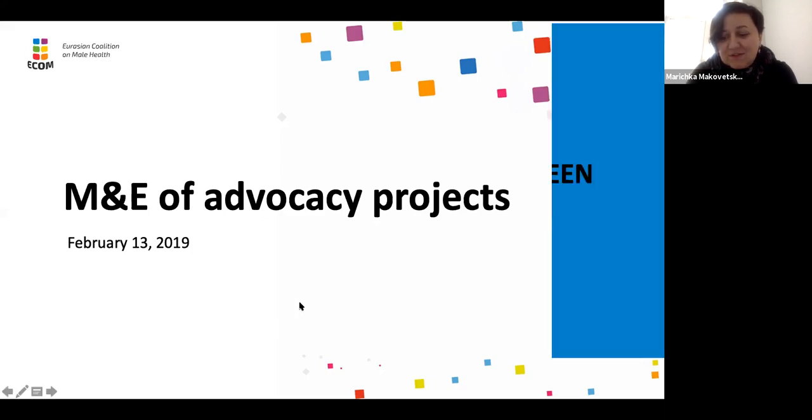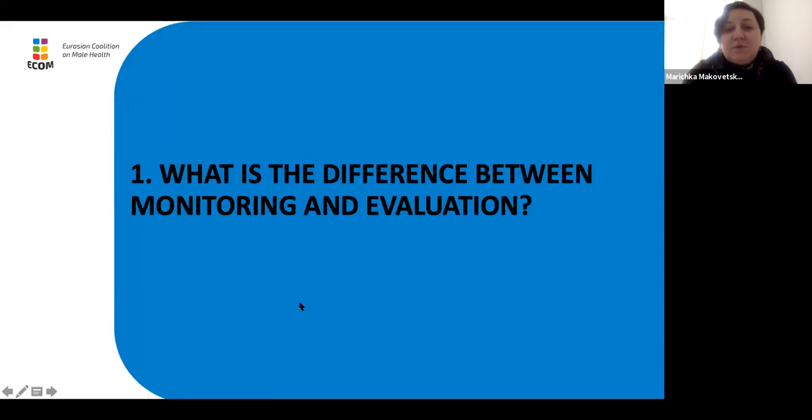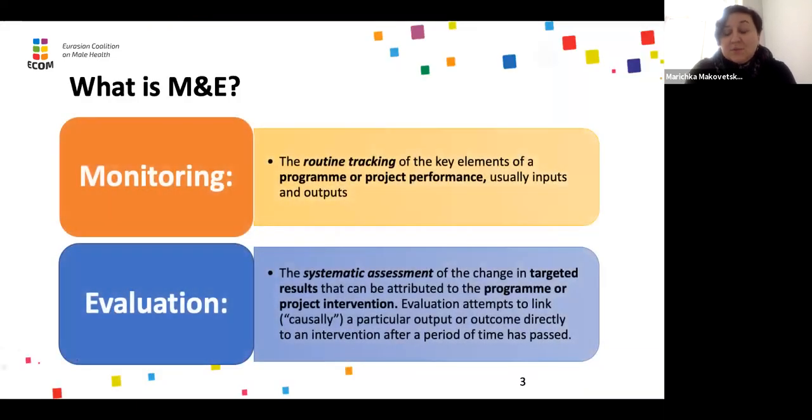So let's talk about the difference between monitoring and evaluation, what this is, and what we should use in our projects. There are two big concepts, monitoring and evaluation. Monitoring is routine tracking of key elements of your program or project performance.